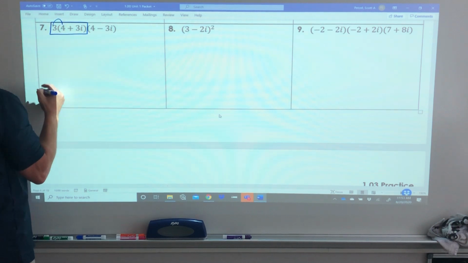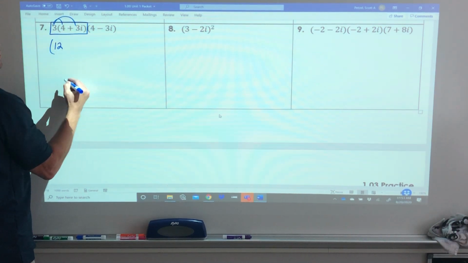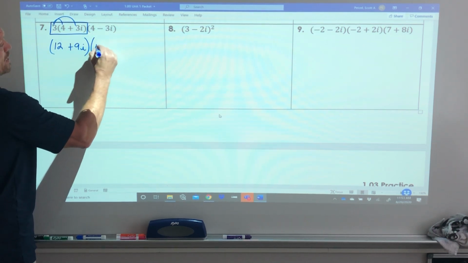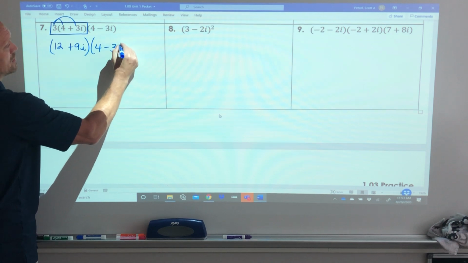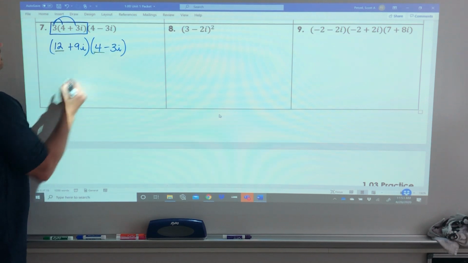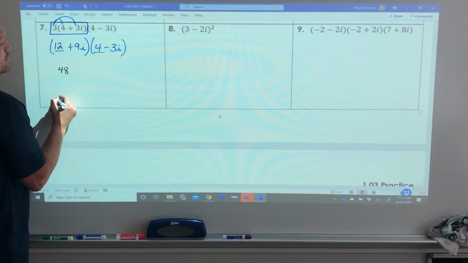So this is 3 times 4, which is 12. And 3 times 3i, which is 9i. This one simply comes down. And now you're back at what we had before. It's just one more little step, one more understanding of how to do it. 12 times 4, 48, first.